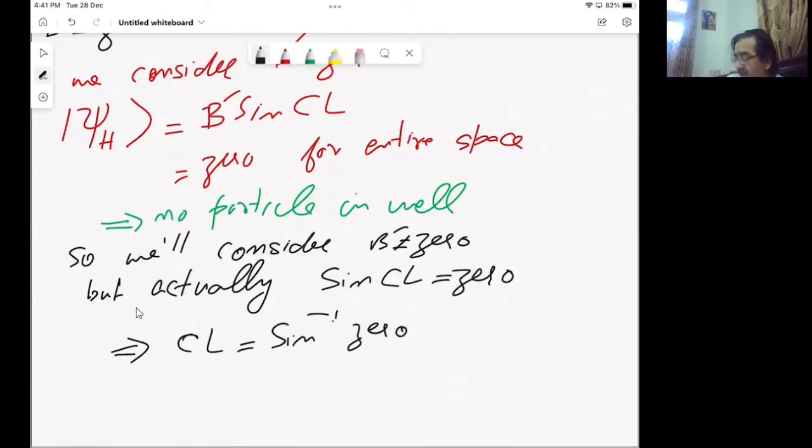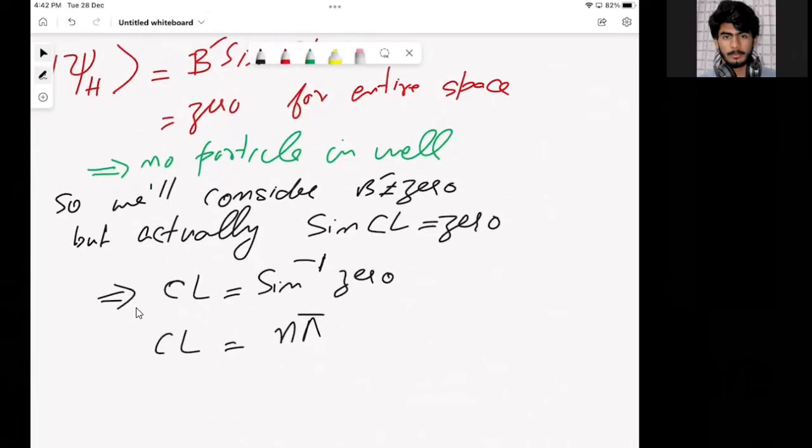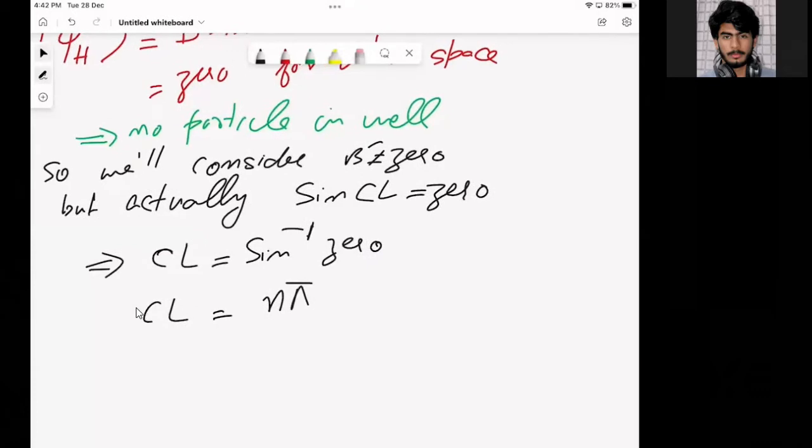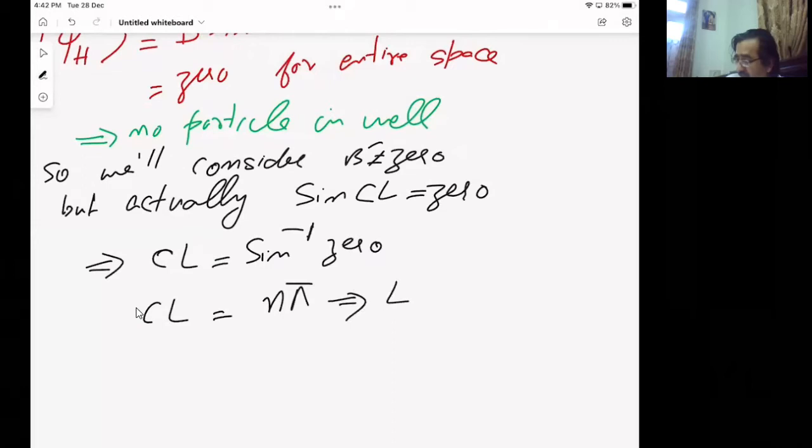Sine inverse 0 is n pi, so CL equals n pi.